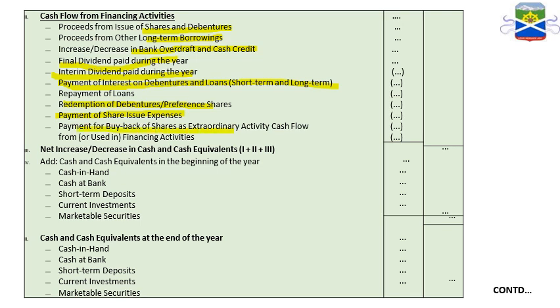Okay, so these are cash flow or use in financing activity. If you go on adding and subtracting, you get the cash flow or use in financing activities. If it is positive, it is flow; if it is negative, then it will be use.